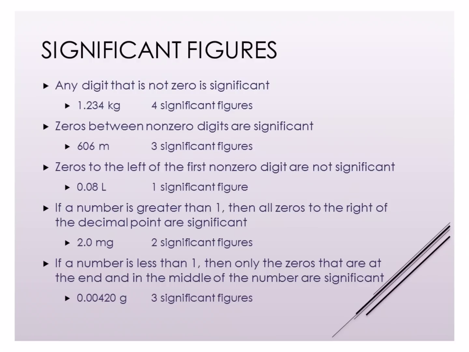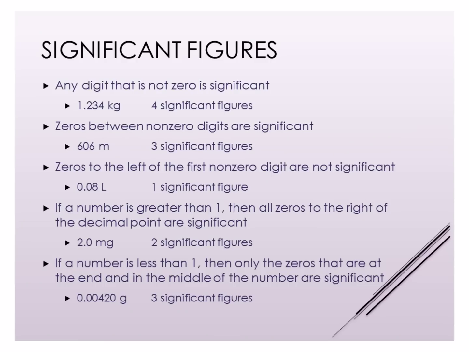So I want to make sure I have as many digits as possible. And so if I'm able to measure 2.0, even if that last digit is estimated, that's still a much more precise measurement than just having 2 milligrams. So this adds a level of precision that we were able to determine based on our measuring device. So we count both of those digits as significant.